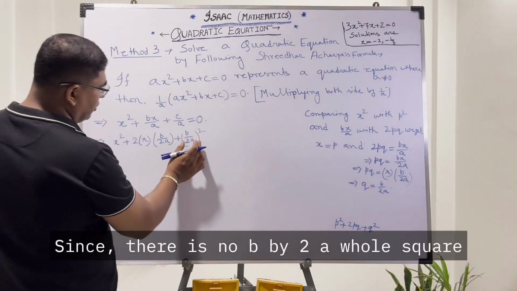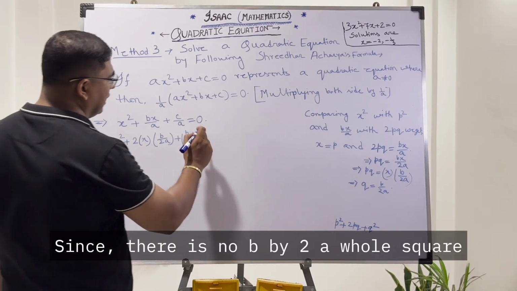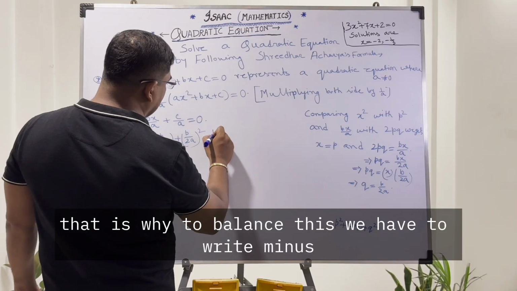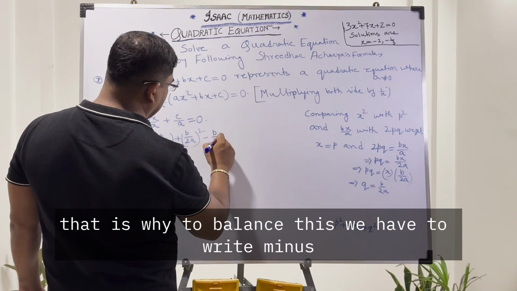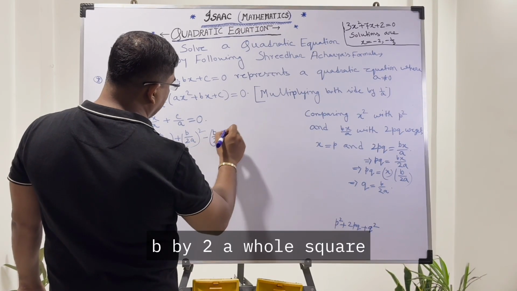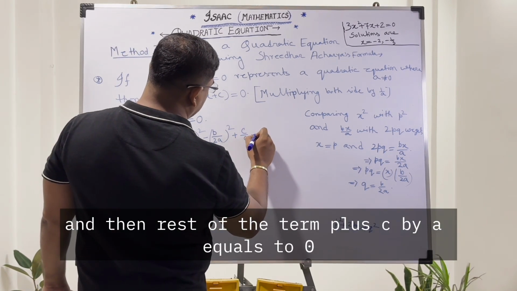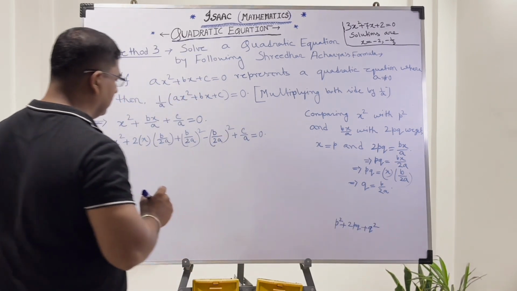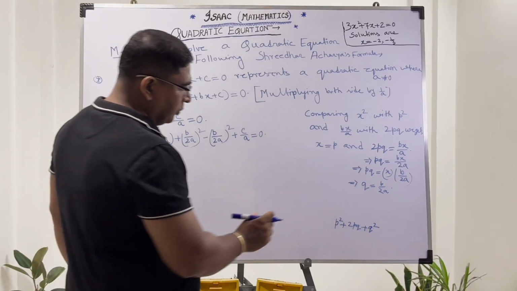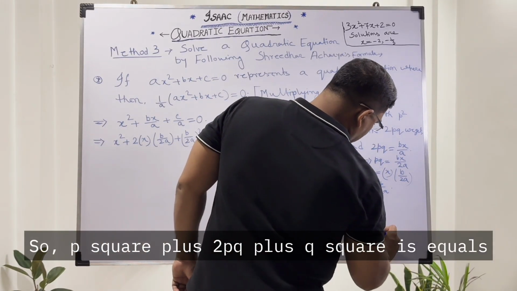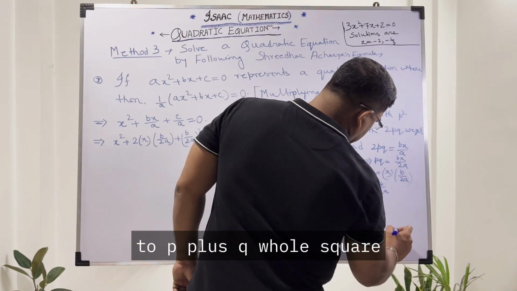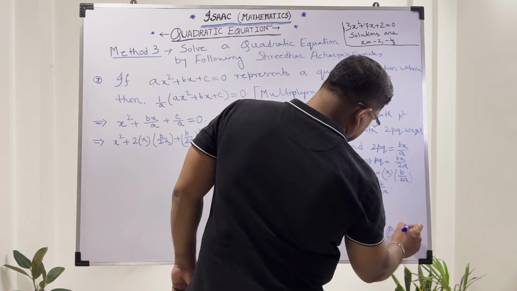Since there is no (b/2a) whole squared originally, to balance this we have to write minus (b/2a) whole squared and then the rest of the term plus c/a equals 0. So p squared plus 2pq plus q squared is equal to (p + q) whole squared.